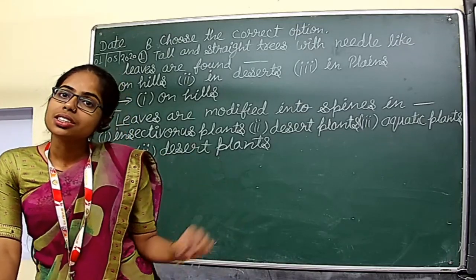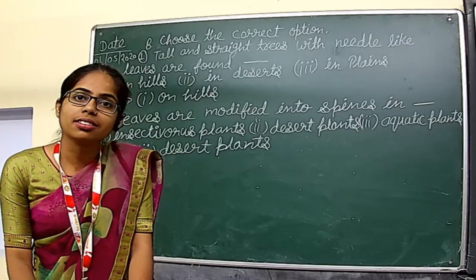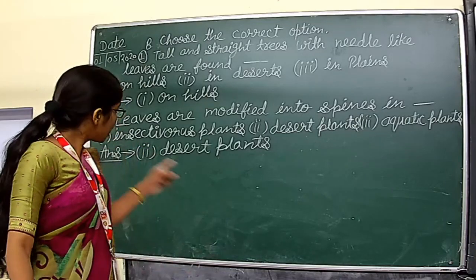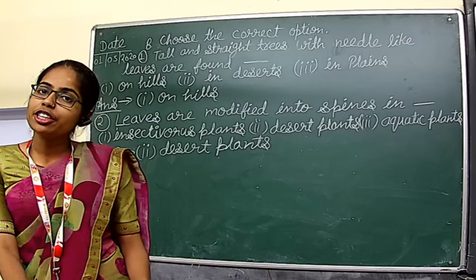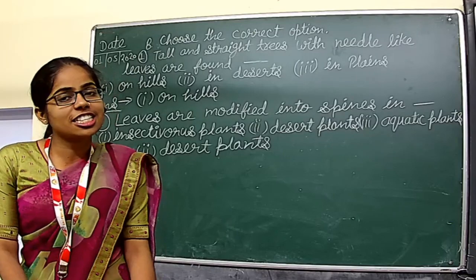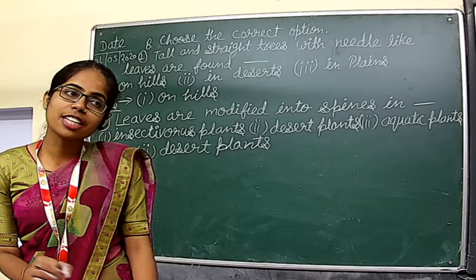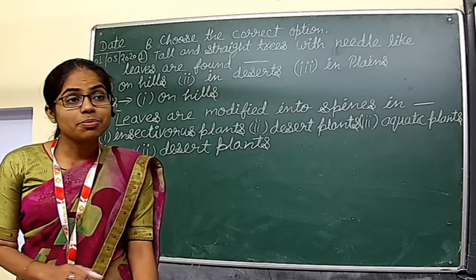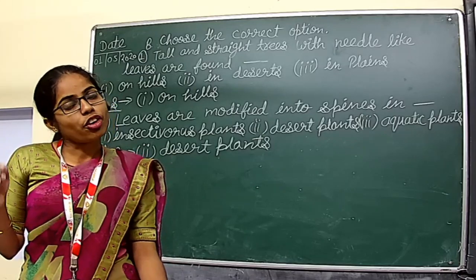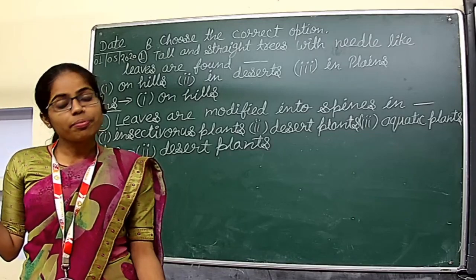So, in order to avoid the loss of water due to transpiration, the leaves are modified into spines here. Transpiration you will study in the next class, but for the time being you understand the meaning of transpiration. It means removal of excess water from plants.